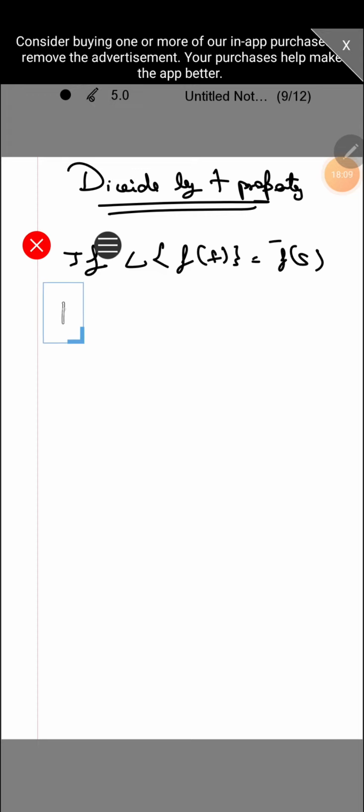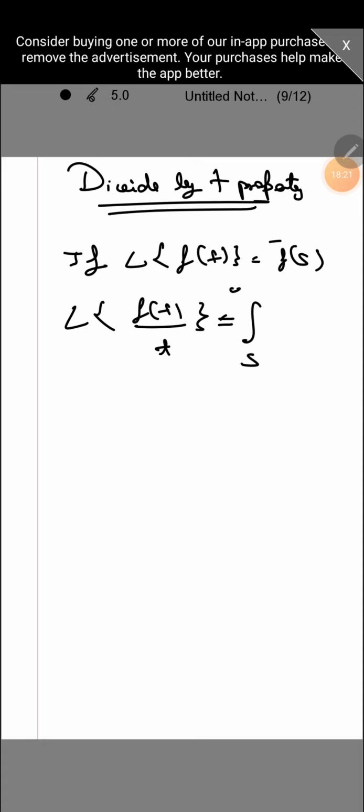If you know L of f(t) is equal to f bar s, then L of f(t) over t is equal to integration s to infinity f bar s ds. Clear? So how to prove this actually?